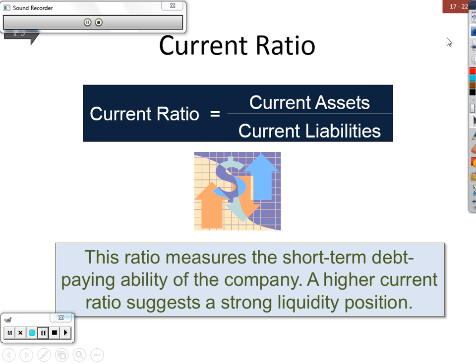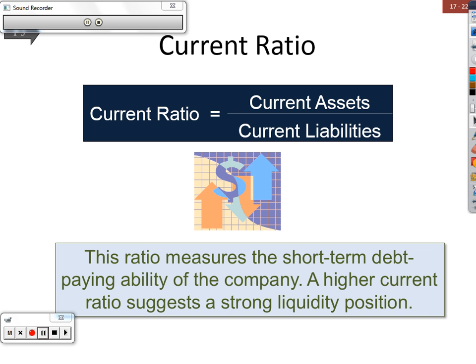Current ratio, that's current assets divided by current liabilities. All this means is that if they have more short-term debt, because that's what current liabilities are, it's going to have a lower ratio.